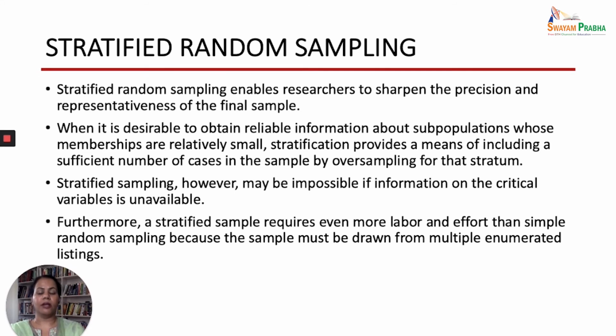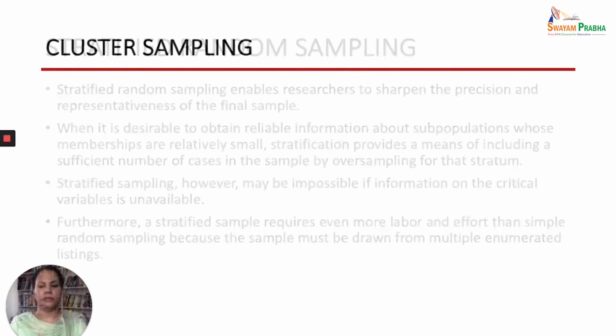So here your labor or your work increases, whereas in simple random sampling you have only one sampling frame, and out of that sampling frame you select the subjects. So it is even more laborious than the simple random sampling technique.